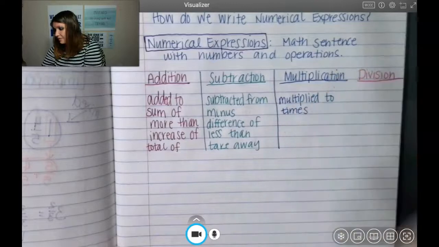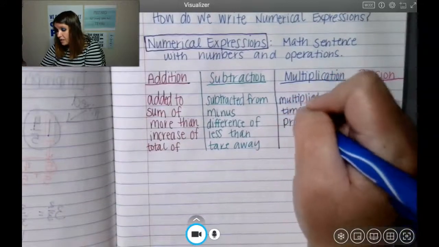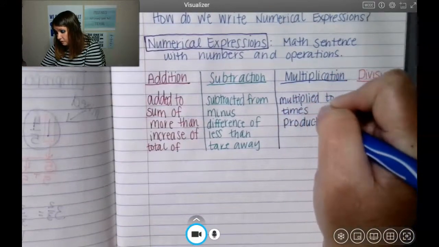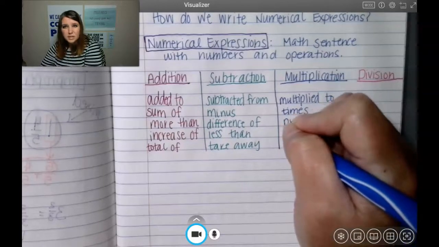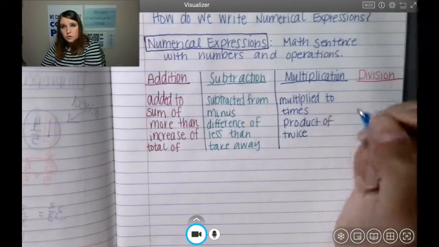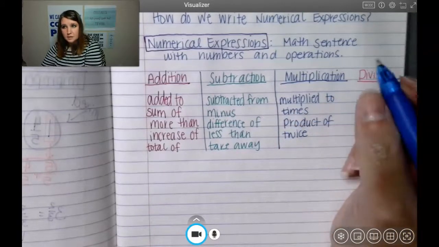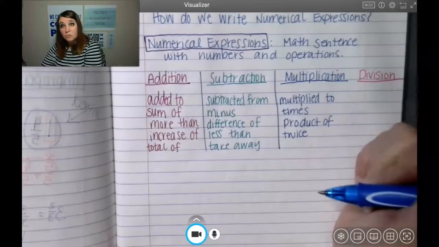That totally signals multiplication. Definitely. Product. The product of this and that. Ooh, here's a tricky one. Twice. It was twice the number. That tells us like times 2, right?